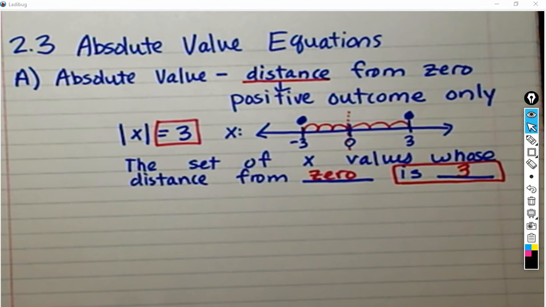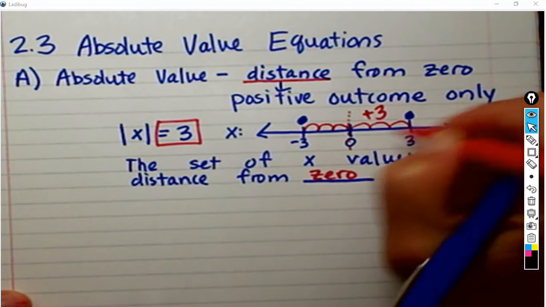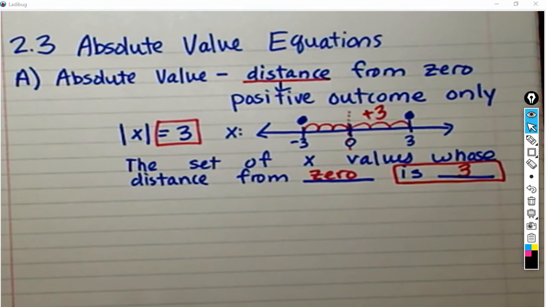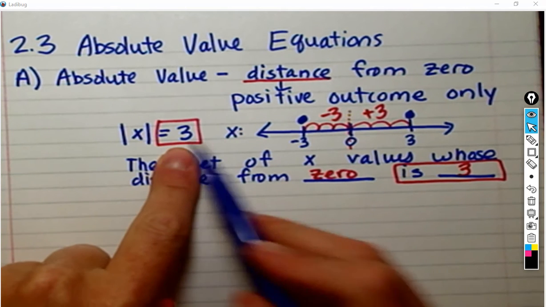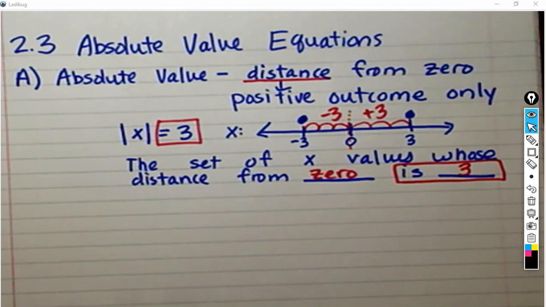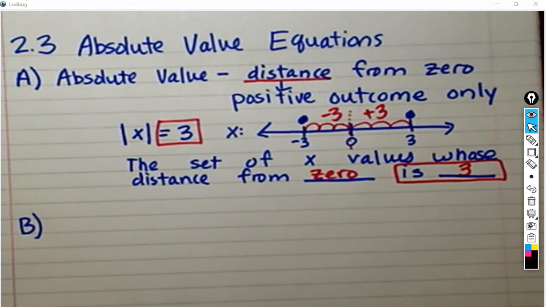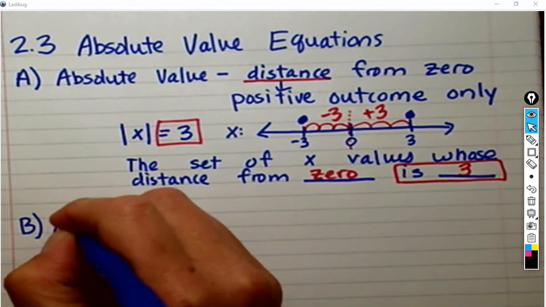Keep in mind here that we have a +3 direction to the right of the center, and we also have a -3. See how the distance has a positive direction and a negative direction. So we're going to use that when we set this up algebraically.